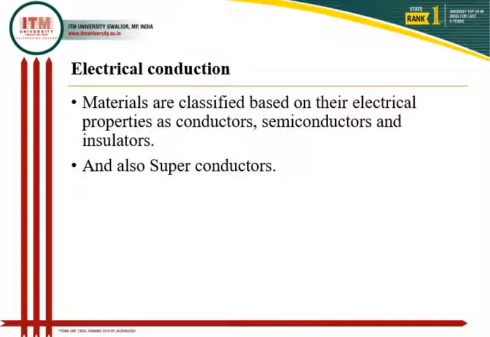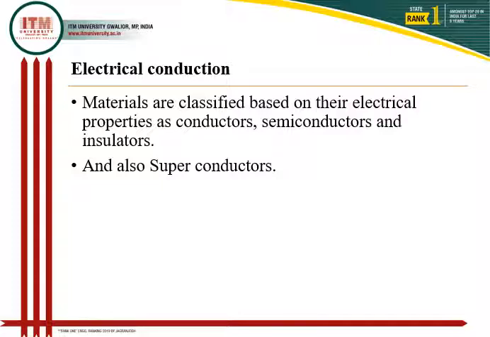But when we move to the higher classes, higher schools, then the classification is modified. As a matter of fact, not slightly, it's a major change we observe. Now we classify the materials as conductors, insulators, and semiconductors.